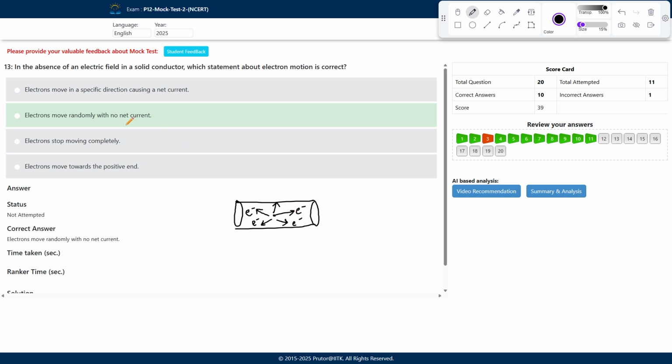Since the motion of the electron is random, the net current due to all the electrons will be 0 in the absence of electric field. The other option, electron move in specific direction, is wrong, since electrons move in specific direction when there is an electric field. Electrons stop moving completely is also wrong. Electrons move toward positive end is also wrong in the absence of electric field. So second option is correct.